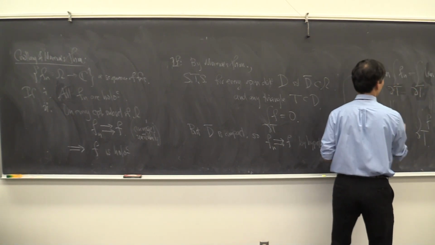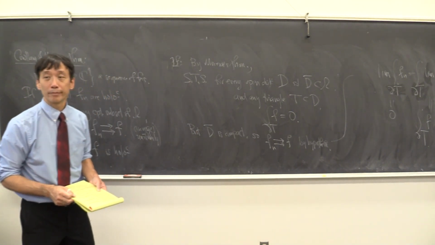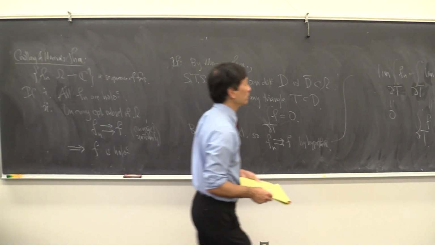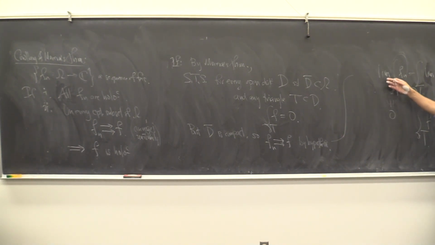And this is 0. Each of these was holomorphic, so each of these integrals is 0. They're just taking a limit of a bunch of zeros, and uniform convergence does it for us.